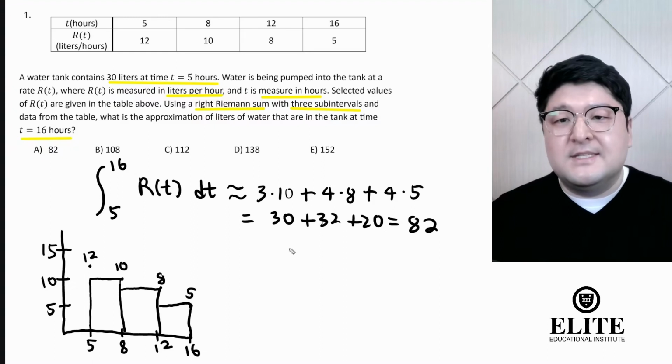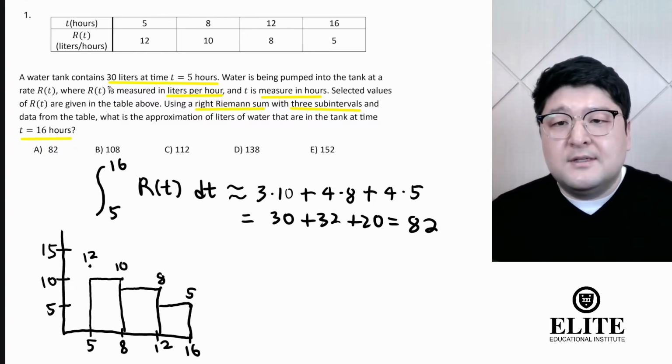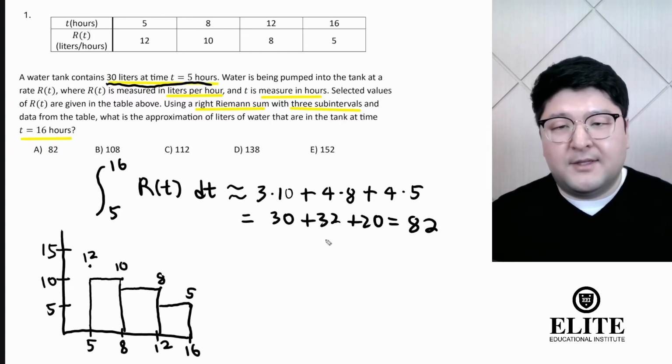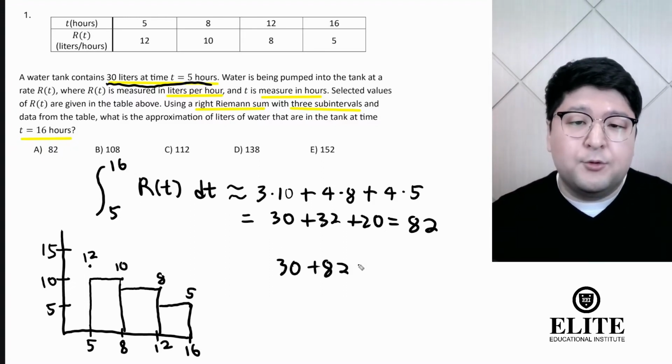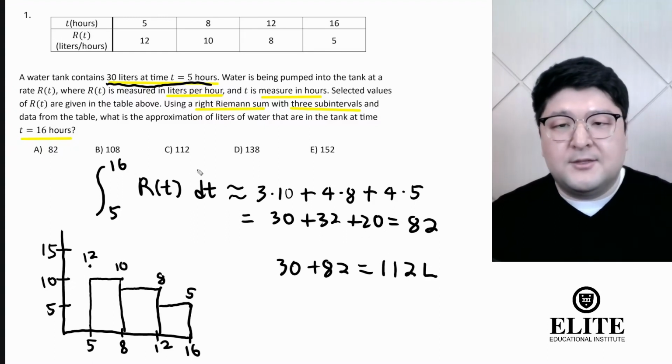It said 30 liters in the tank already at t equals 5. So on top of the 82 that was pumped into the tank over the 11 hours, we do 30 plus 82 to get the total amount, 112 liters of water at t equals 16. So the answer is C.